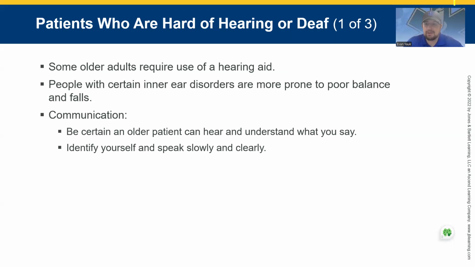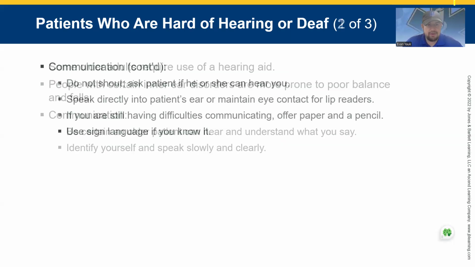Identify yourself and speak slowly and clearly. We're going to get into this, but I'm going to go ahead and get on my soapbox early. Don't just walk in and start yelling at an old person because you think they're deaf or because they say "what" one time. We're going to talk about how to approach them, but we treat them with respect. They are our elders.